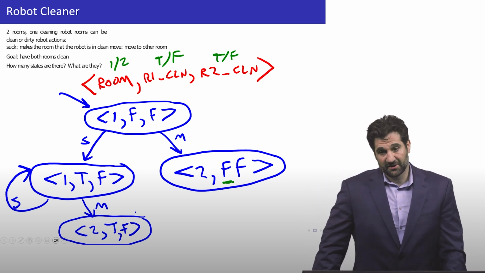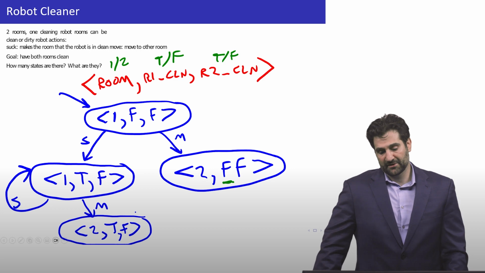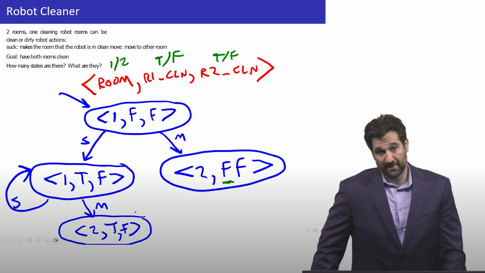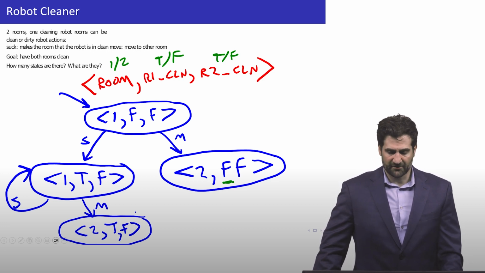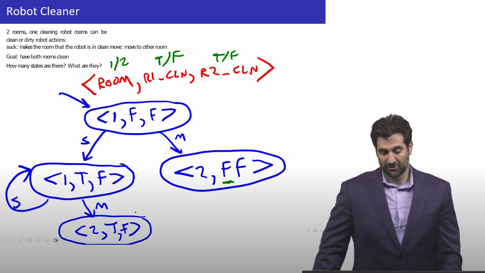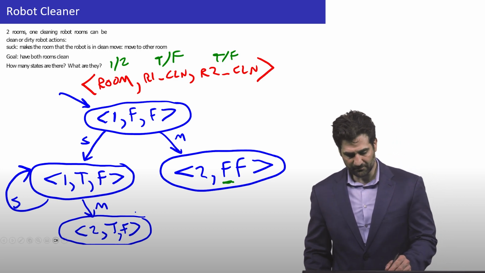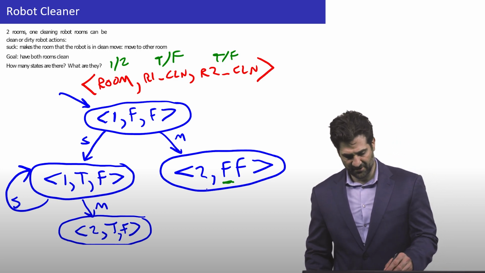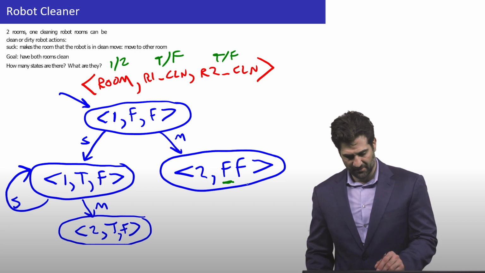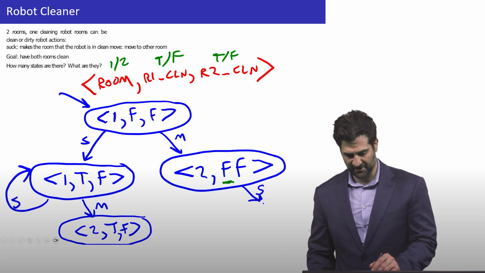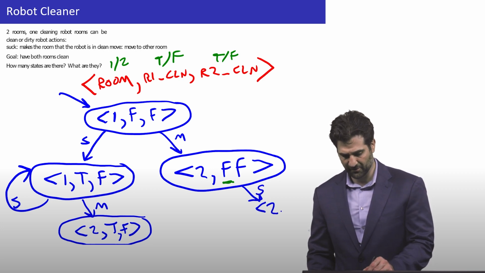Okay, well, let's go to the other side. Let's go to what happens considering the other scenario where the robot is in room 2 and everything is still dirty. Well, if the robot decides to clean room 2, it's going to go to a state like this. So if it does a suck, it's going to stay in room 2.